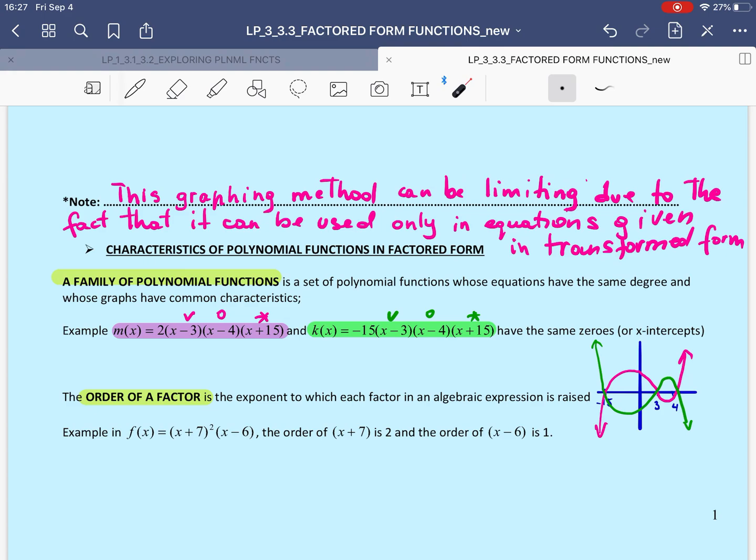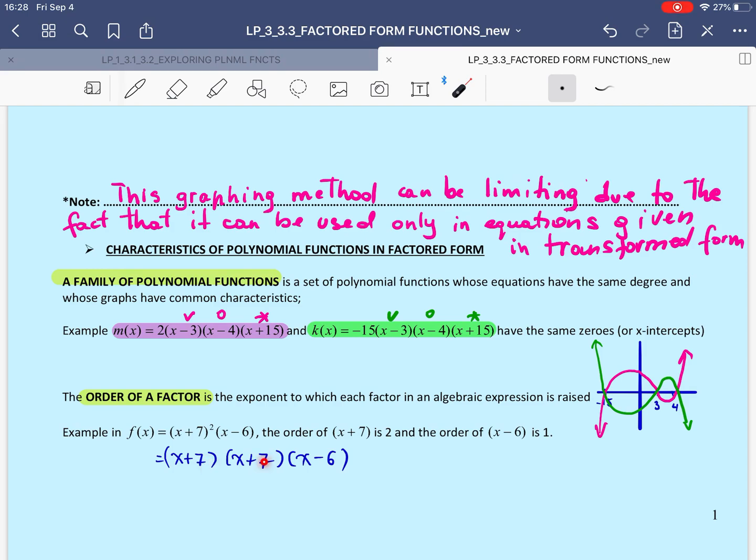So for example, if we have f of x equals (x plus 7) squared times (x minus 6), then another way of writing it is (x plus 7) times (x plus 7) times (x minus 6). So the equation of this function has 3 factors, and one of its factors, x plus 7, repeats twice.